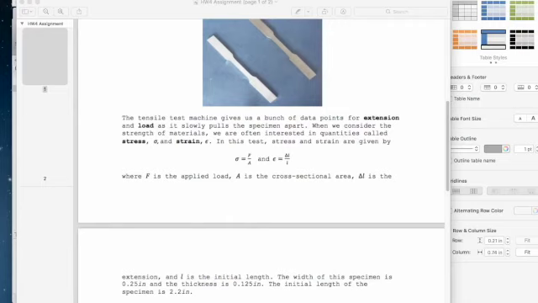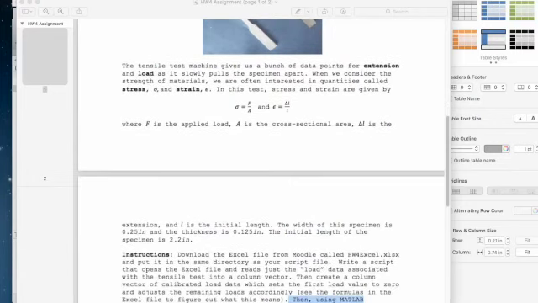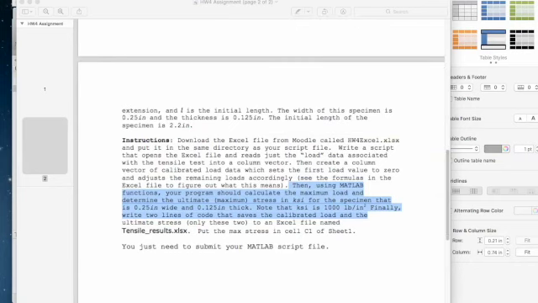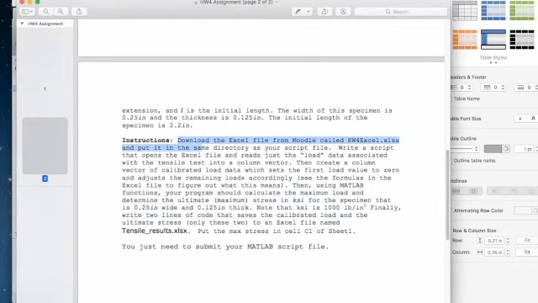In this test, stress is sigma equals the load F over A, and the strain is delta L over L, where F is the applied load and A is the cross-sectional area. It goes on to tell you that the cross-sectional area is 0.25 inches times 0.125 inches. That's the thickness and the width.